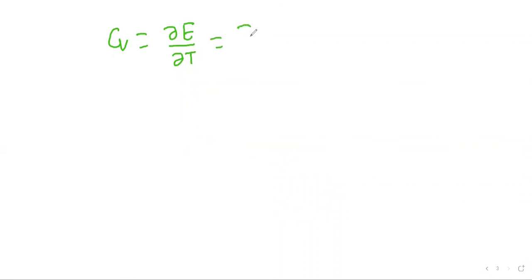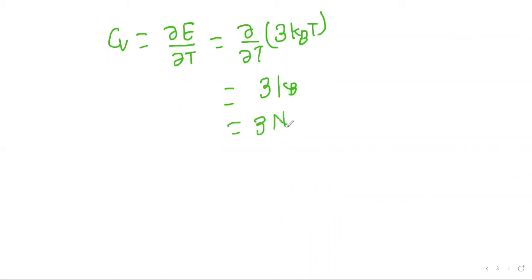If we insert this value of energy, 3 kBT, then we have 3 kB. If you multiply this by Avogadro number, then it is the molar heat capacity, and this becomes 3 kB times N A, which is equal to 3R.